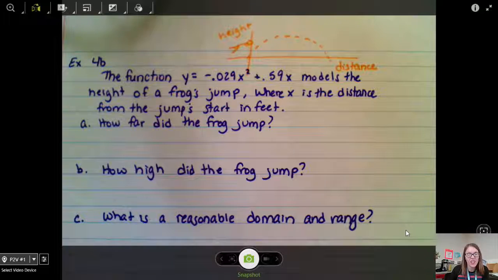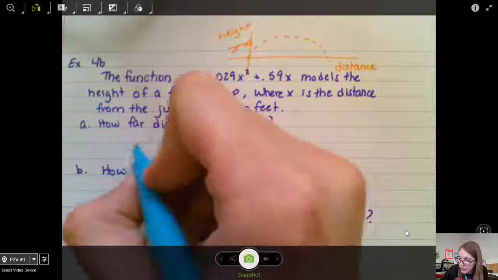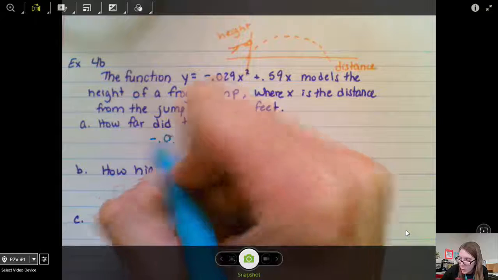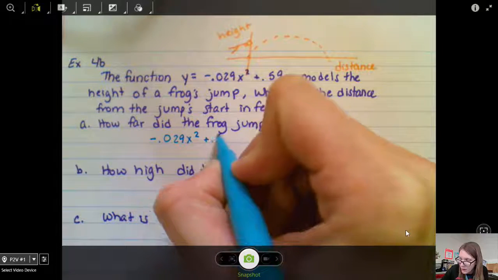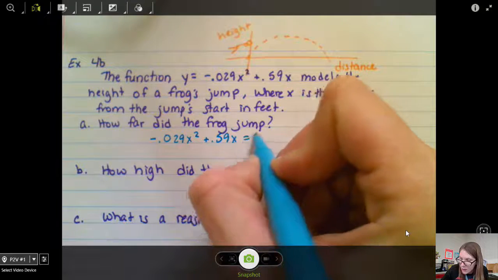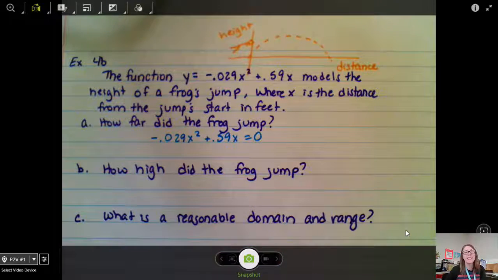What we need to think about is that I want to find when my y value is 0. I need to find when negative 0.029 x squared plus 0.59 x equals 0, which really means where is that x-intercept? Let's use our graphing calculator to find it.